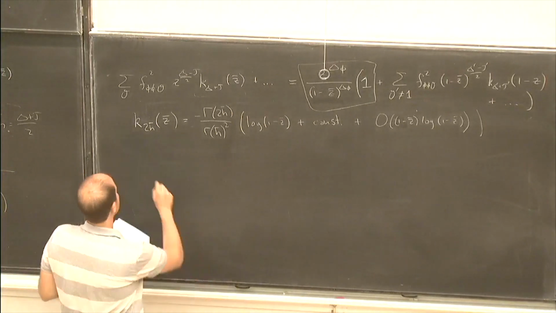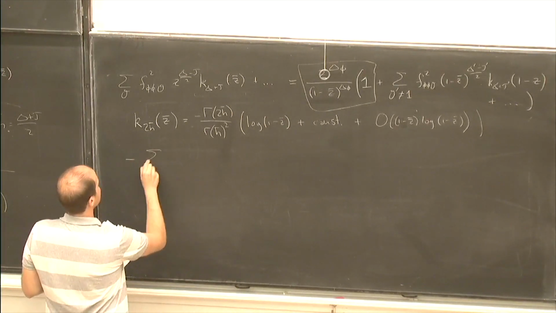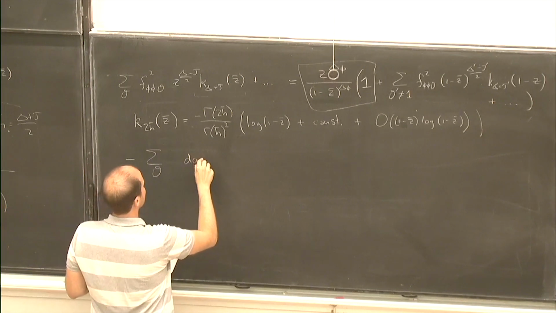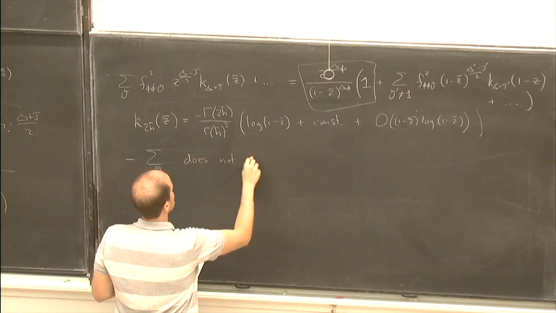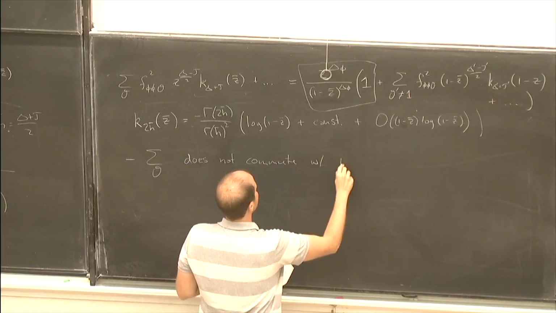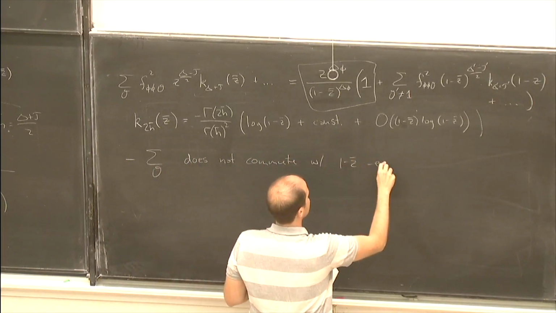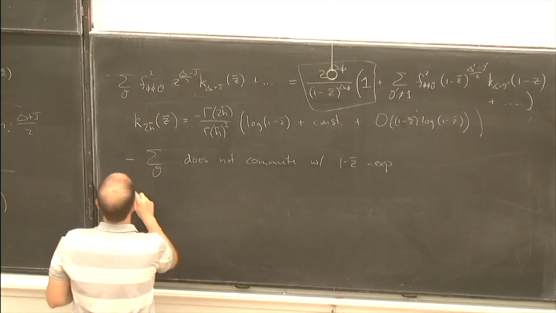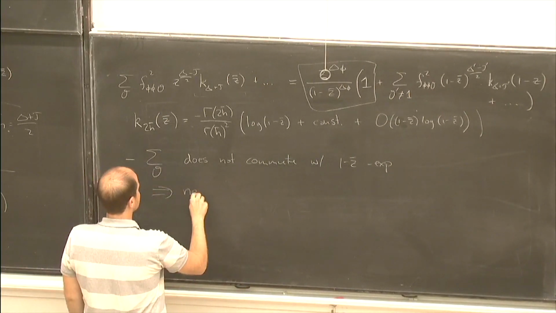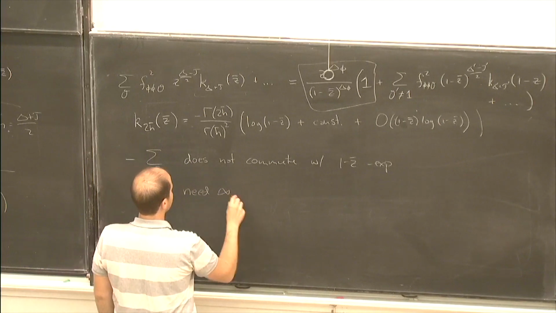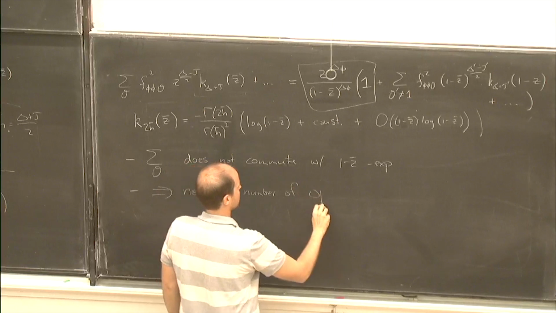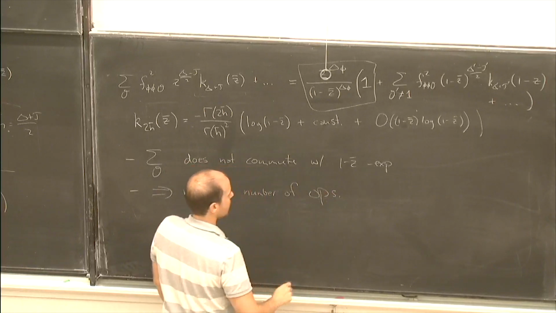So in other words, the sum over operators does not commute with the 1 minus z bar expansion. This is only possible if the sum includes an infinite number of operators. So we need an infinite number of operators in the S channel.